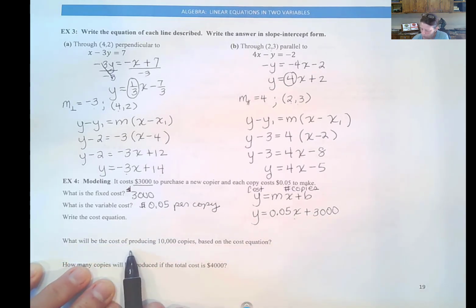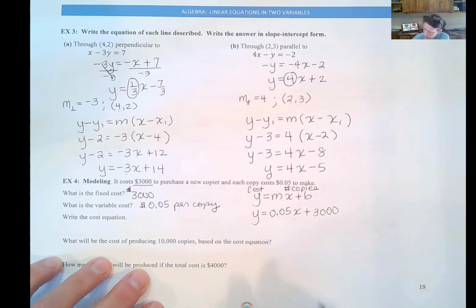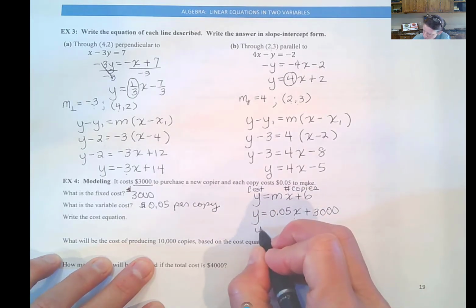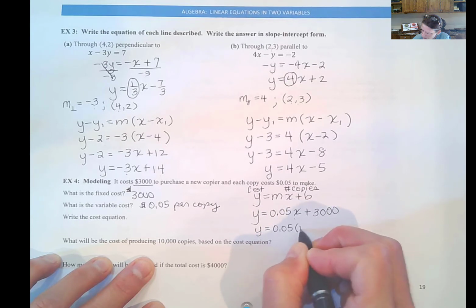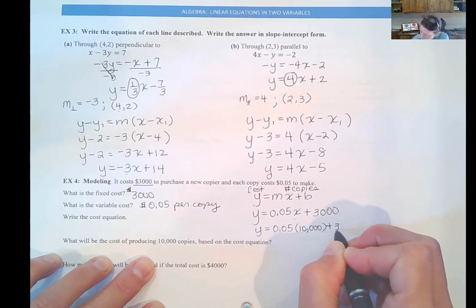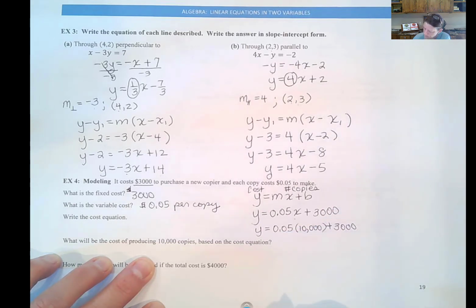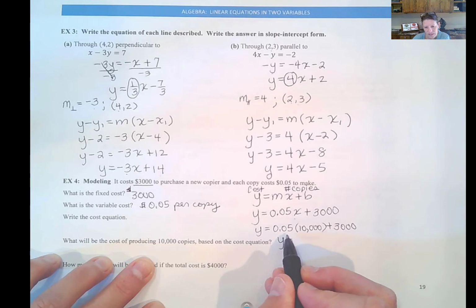So now using our equation, what will be the cost of producing 10,000 copies? That's a value for x. We're just going to substitute that for x. y is 0.05 times 10,000 plus our fixed cost, 3,000. So we multiply 0.05 times 10,000.